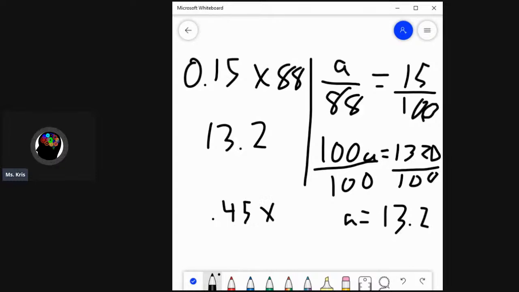Multiply that by 92. And what number is 45% of 92? 41.4.